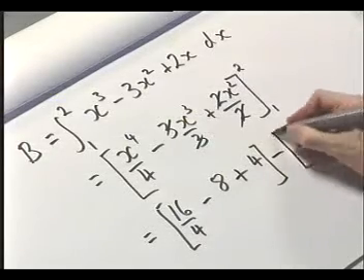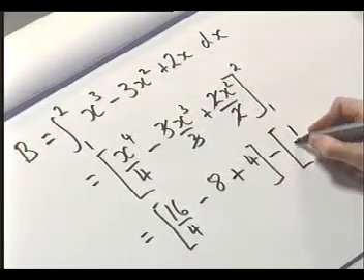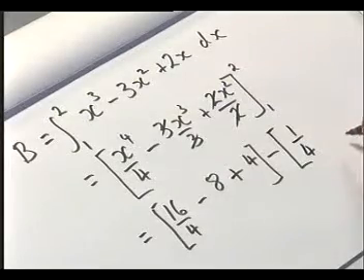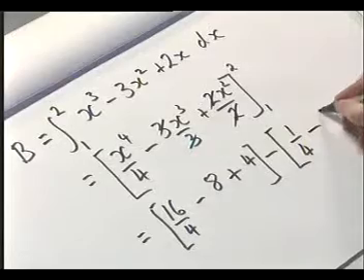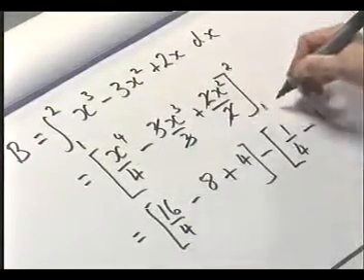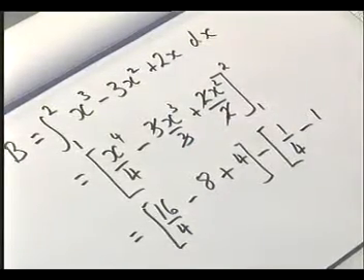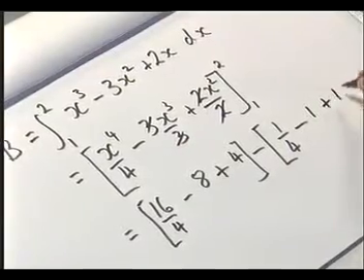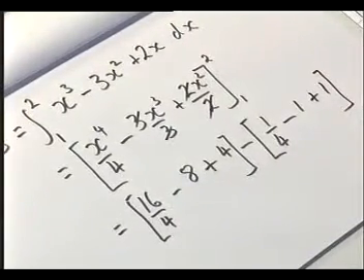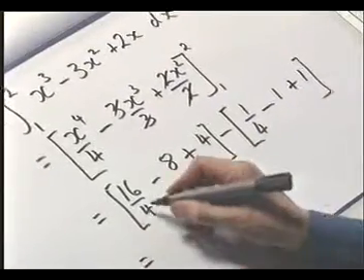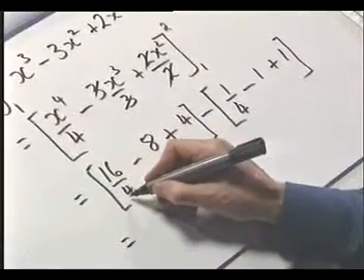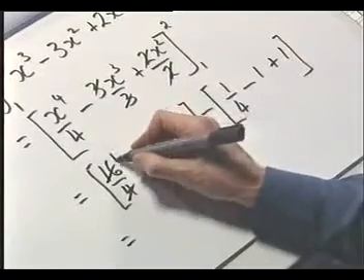Minus, and now we put the 1 in, so that's a quarter, because x to the power 4 is just 1. Minus 1, because x cubed is just 1 when x is 1. Plus 1. Now let's simplify each of these brackets separately. 4 into 16 goes 4 times.